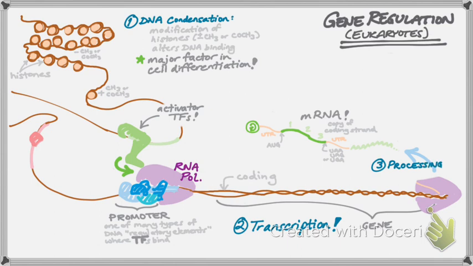So, to recap, for any particular cell type, most of your genes are inaccessible because they're condensed up. Of the ones that are accessible, a number of them don't have general transcription factors or don't have the appropriate activator transcription factors present at the right sequences, or there are repressor proteins preventing the transcription.